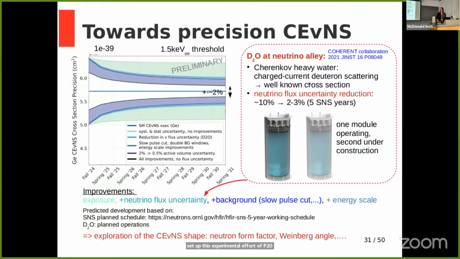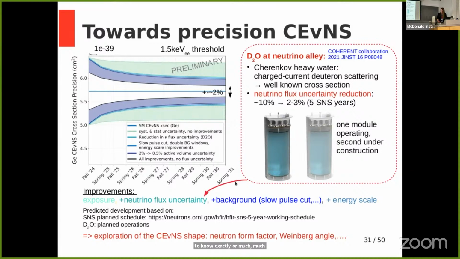The goal of the D2O detector is to significantly reduce this uncertainty to within 5%, and they are doing that by setting up a heavy water detector, where they are measuring the charged-current scattering of the neutrinos from the beam. This is because this cross-section has a very low theoretical uncertainty, which means a precise detection will make it possible to know this neutrino flux much better.